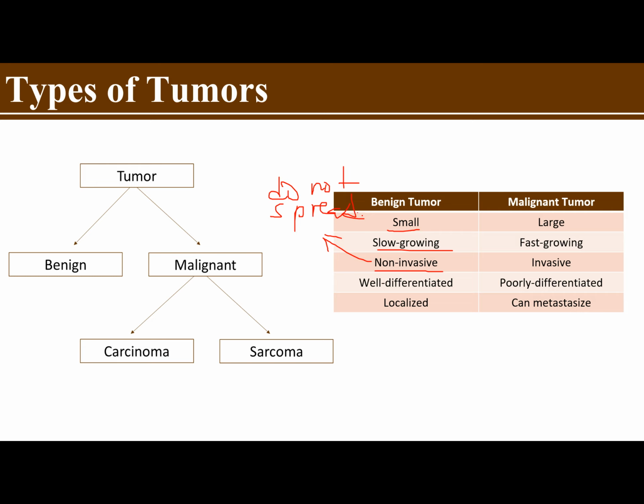There is no possibility for it to transfer to other organs. They are well differentiated and they are localized. While malignant tumors naman, class, are considered large, fast growing, invasive, poorly differentiated, and can metastasize. So that's the problem with malignant tumors.